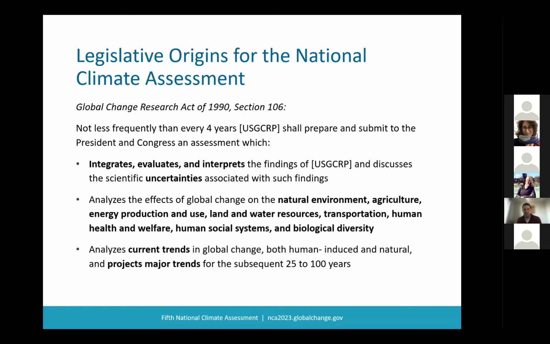USGCRP is charged with assessing current trends as well as projections for the next 25 to 100 years. The NCA is used by organizations and individuals for a variety of purposes, including national policymaking, risk management in the private sector, local mitigation and adaptation planning, as well as by practitioners, utility managers, and educators.